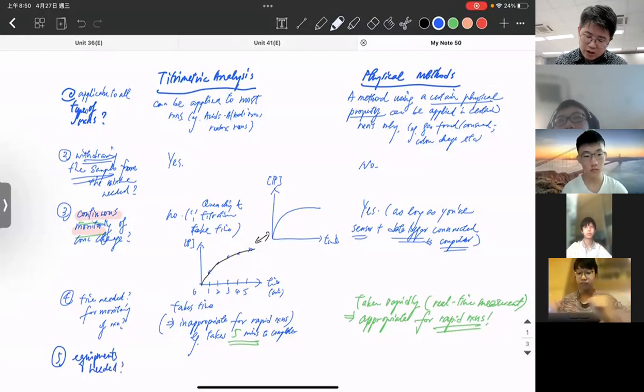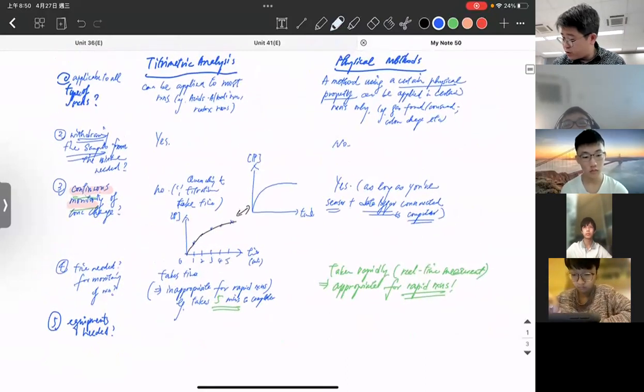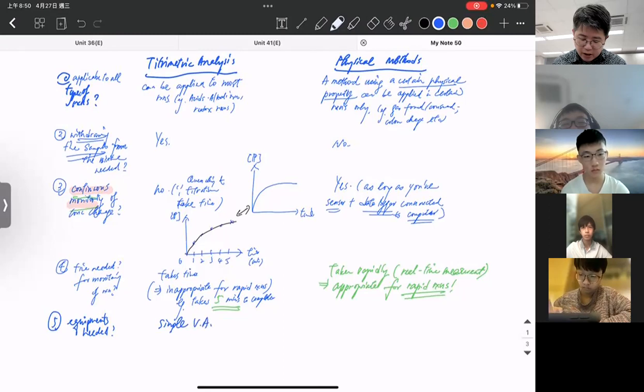For titrimetric analysis, you may use some simple volumetric analysis tools. For example, no need for a volumetric flask this time.